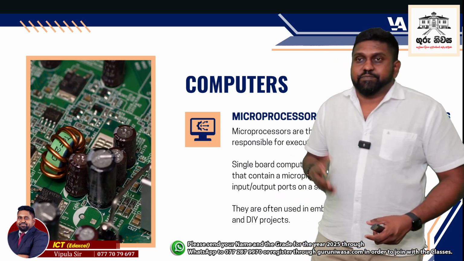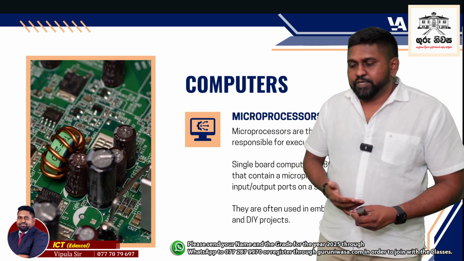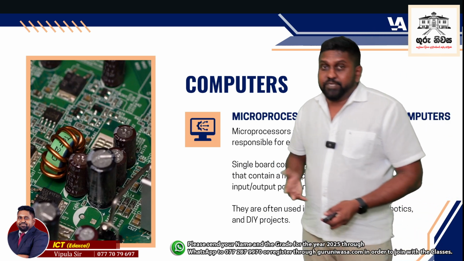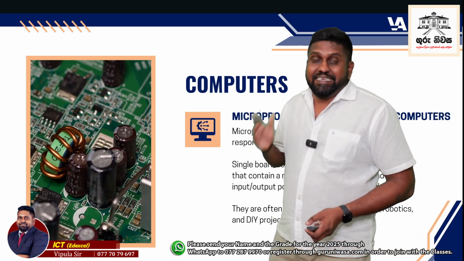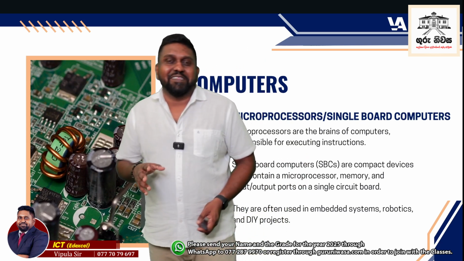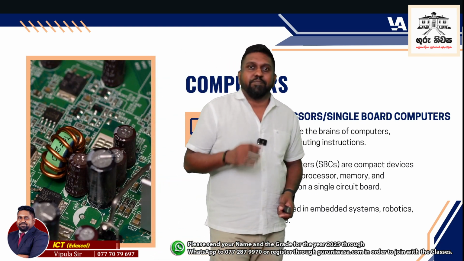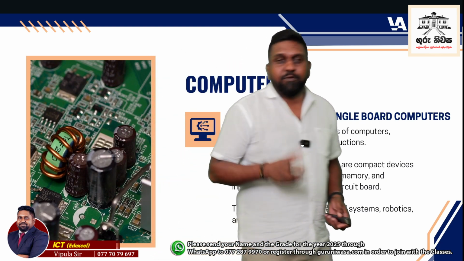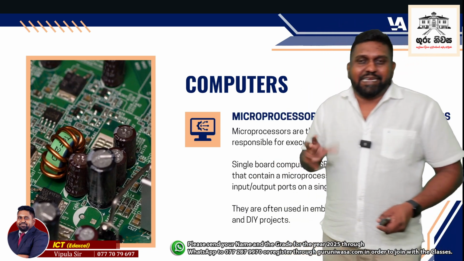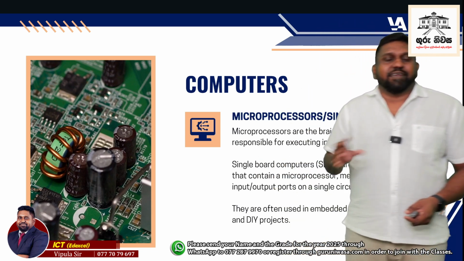I'll explain how it works. We bought a fully automatic washing machine almost 10 years ago, and we still use it. It still works. That has a microcontroller, a microprocessor, which analyzes and runs a few items.